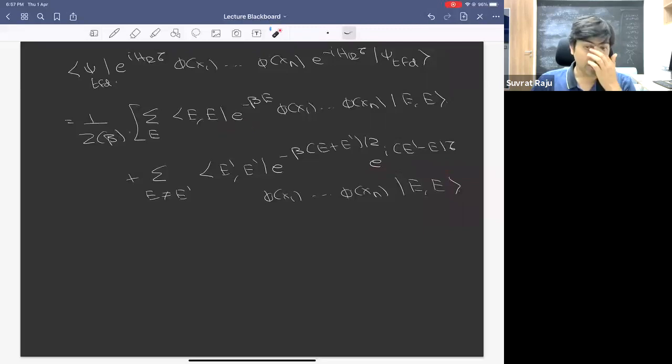Of these two terms, only one has any dependence on τ, and that is the off-diagonal term. The only term in the whole expansion that is τ independent is the diagonal term.